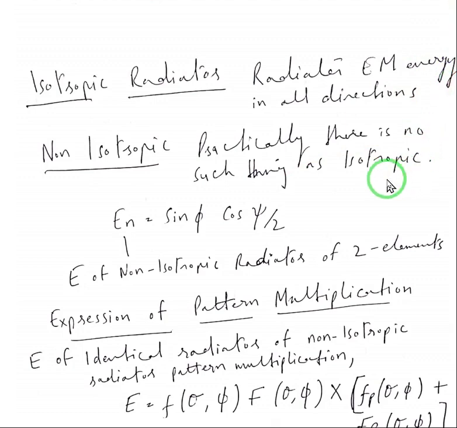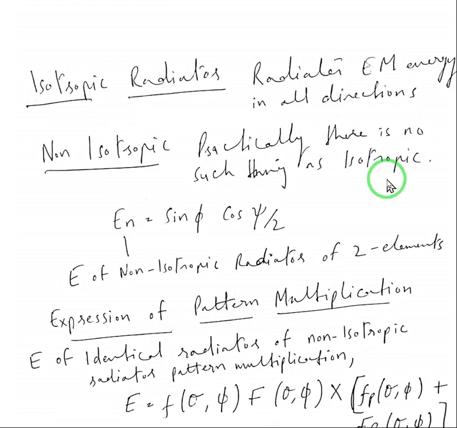And there is another classification, that is non-isotropic. That means a radiator which does not radiate energy in all directions, or radiates energy in a specific direction, is called non-isotropic.